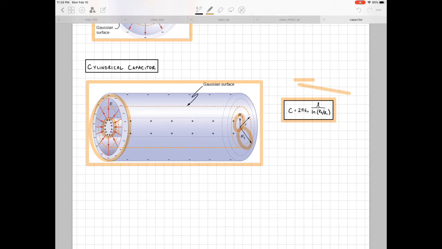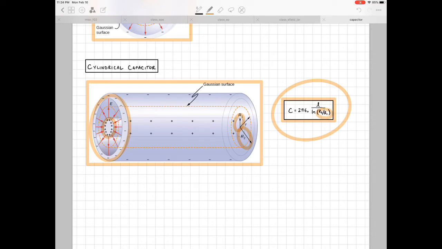end result is that the capacitance for a cylindrical capacitor is given by this expression here. Again, the capacitance depends on, in this case, the length of the cylinder, and also takes into account the ratio of R1 to R2.